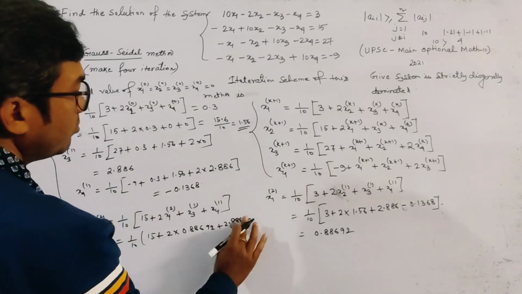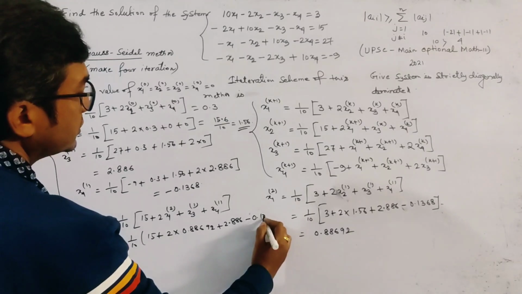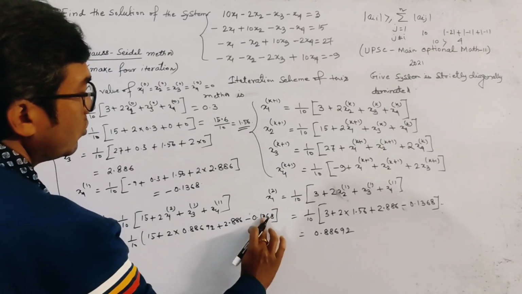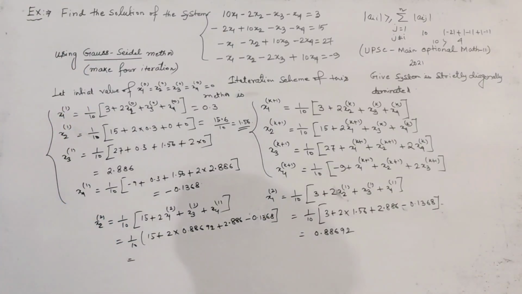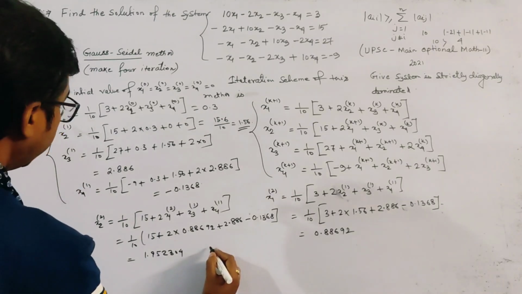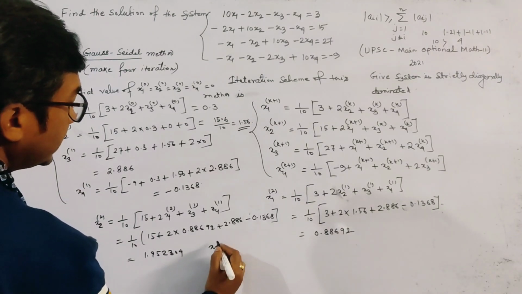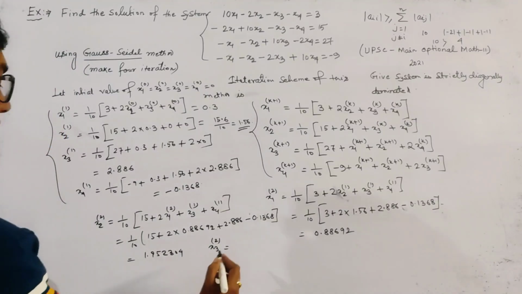This means minus 0.1368, and calculating this result we get the second approximation of x2, which is given by 1.952304.